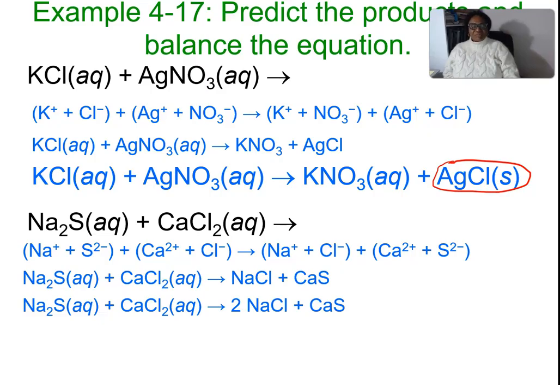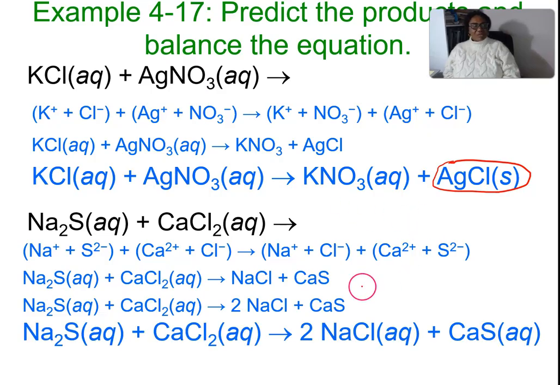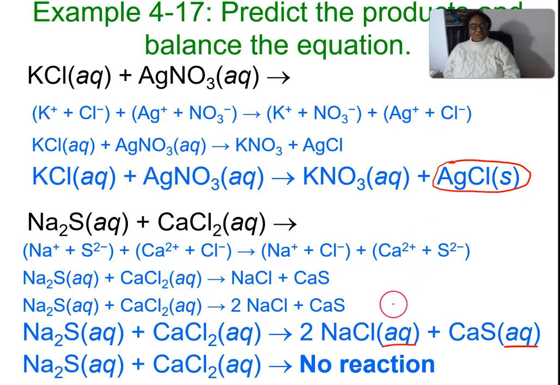Balance the equation. Then when we check, we notice that all of them are aqueous. So no reaction. It means the ions are just moving around in solution. No reaction.